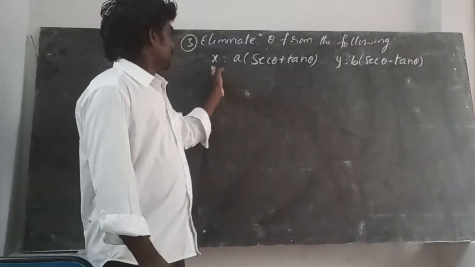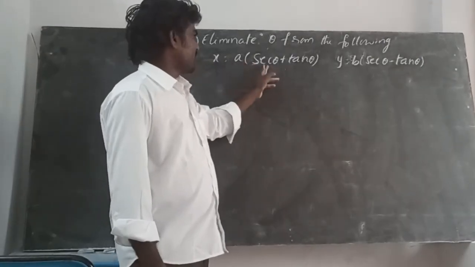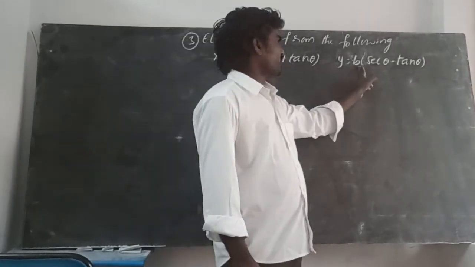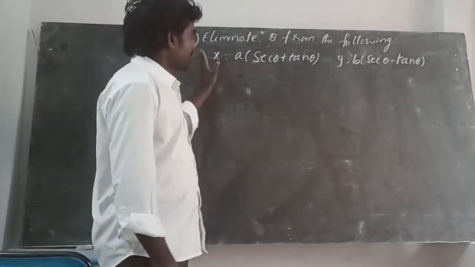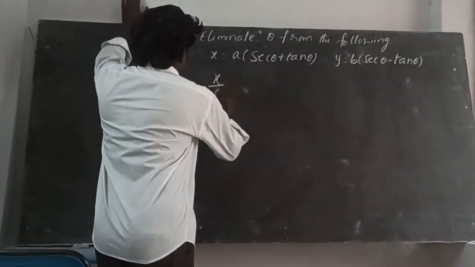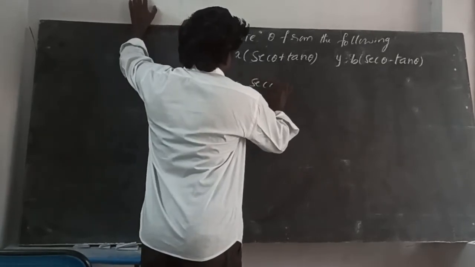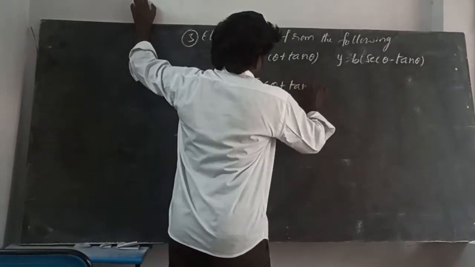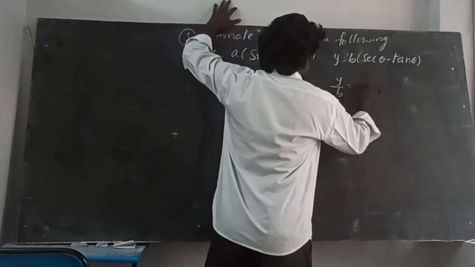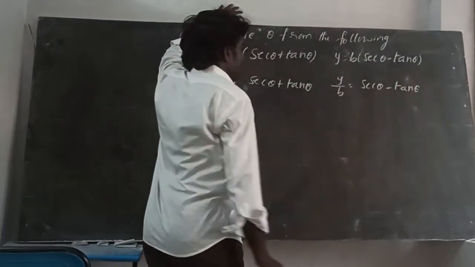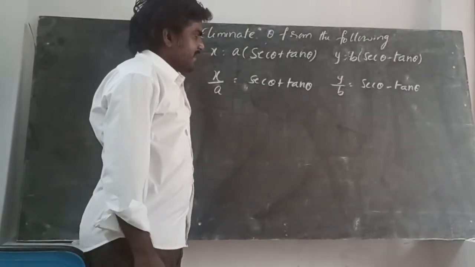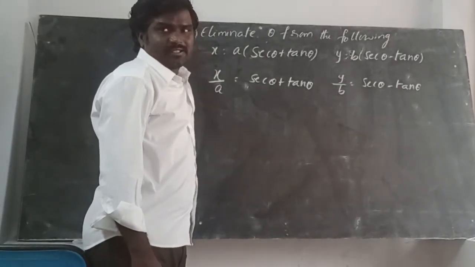Next one. x is equal to a of secant theta plus tan theta, y is equal to b of secant theta minus tan theta. Here a is multiplied, so this a comes to divide. x by a is equal to secant theta plus tan theta. y by b is equal to secant theta minus tan theta. Here we know the identity: secant square theta minus tan square theta is equal to 1.